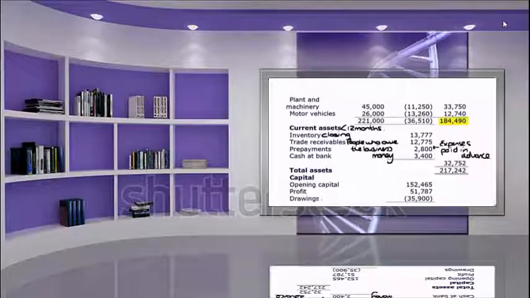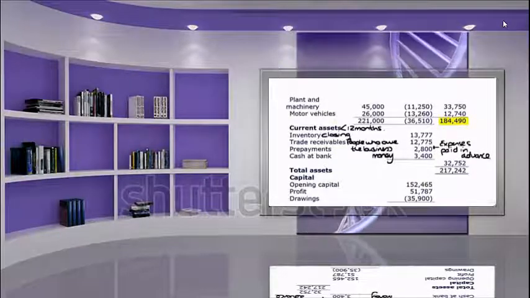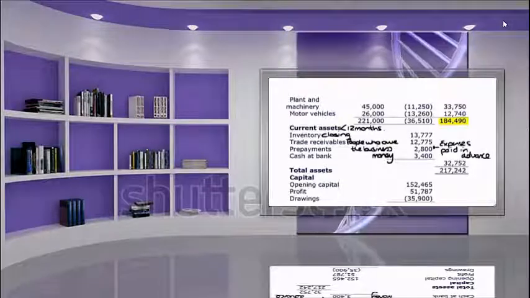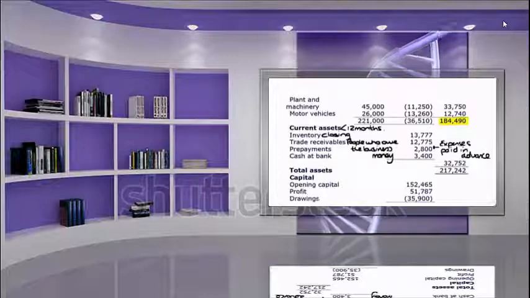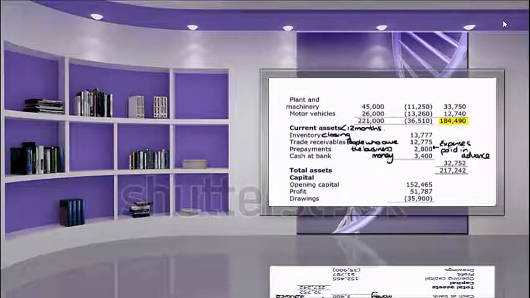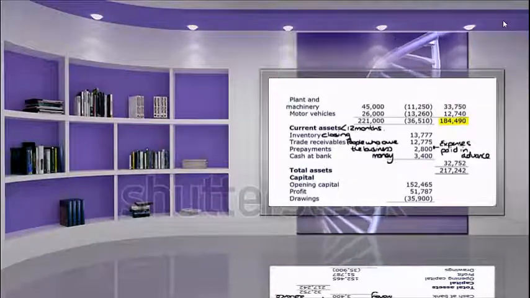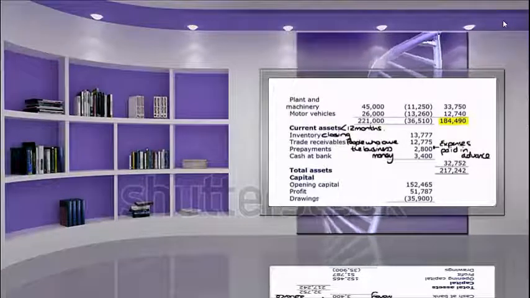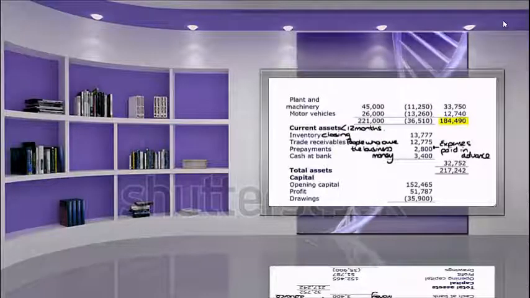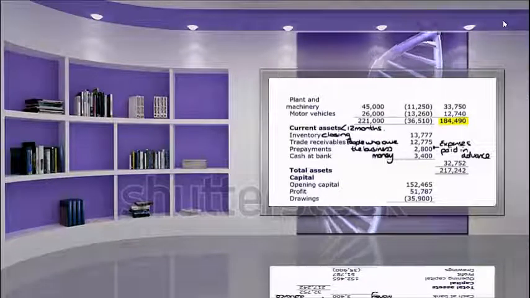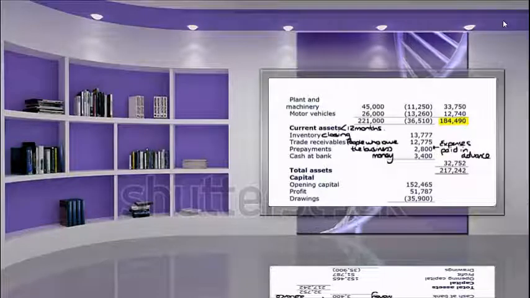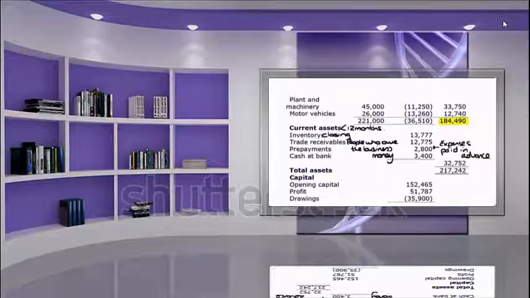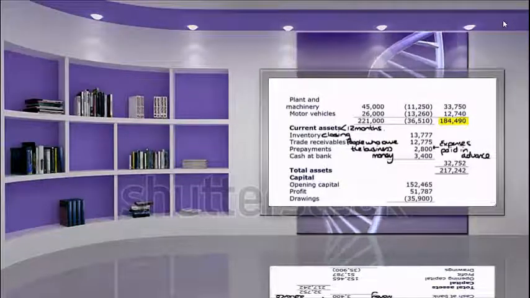Now our final current asset at the bottom is going to be cash in hand and also cash at the bank. Now cash is one of your most important current assets. You need cash in your business in order to be able to survive, to pay your expenses, to pay any debts that you owe to suppliers or the bank, etc. So cash is, as the name suggests, cash at bank.